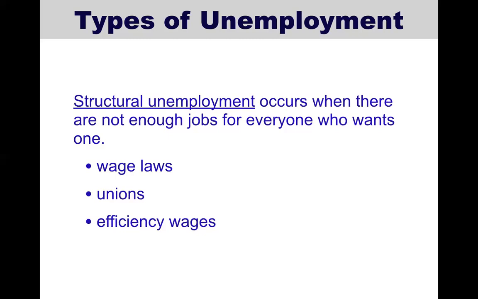Now, we'll say that the people that are working want a job, they're employed. And we'll say the people that are not working do not want a job, therefore they're not in the labor force. All right, so we'll start with that assumption. So in the classroom, we've got unemployed people, we've got employed people, and we have people who are not in the labor force.